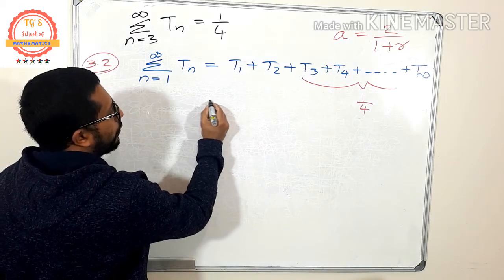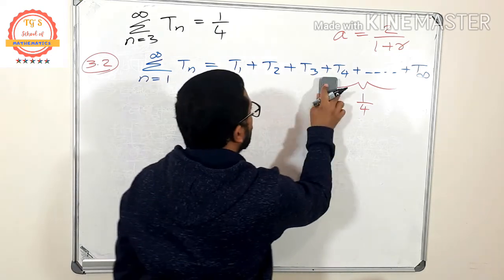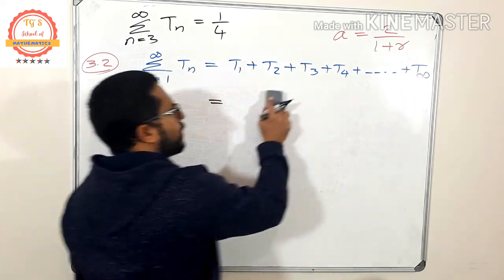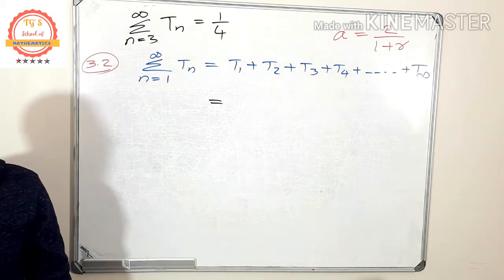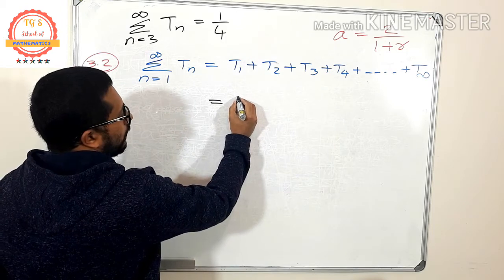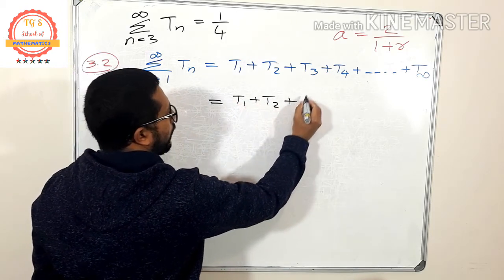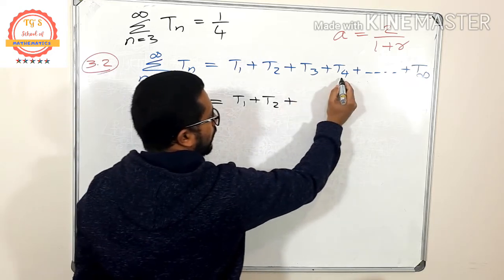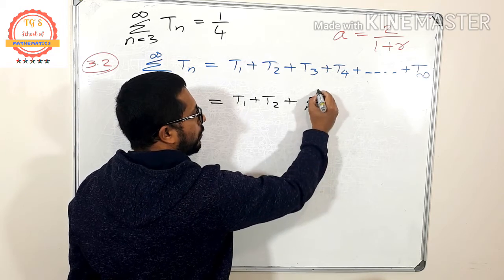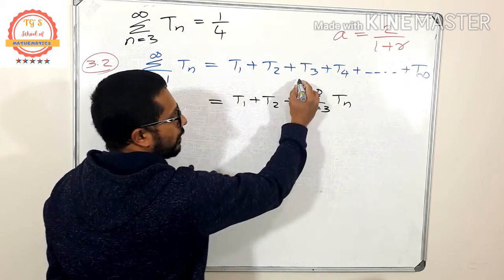Let me erase this one. So we know that T3 plus T4 plus etc. up to T infinity is 1 over 4. Let me write it like this: T1 plus T2 plus T3 plus T4, how can we write that? Sigma n is equal to 3 to infinity Tn, that is from here.